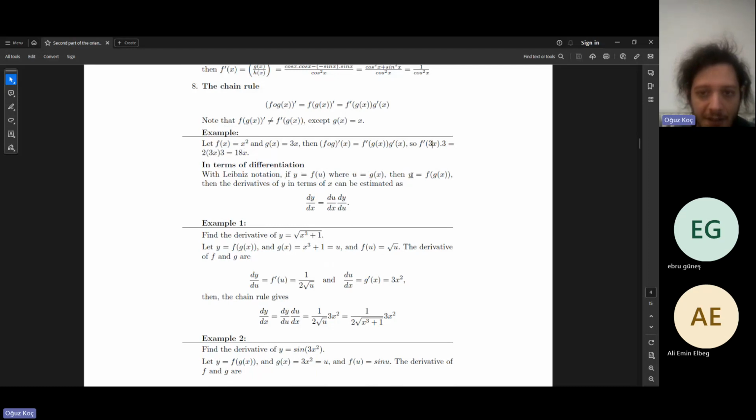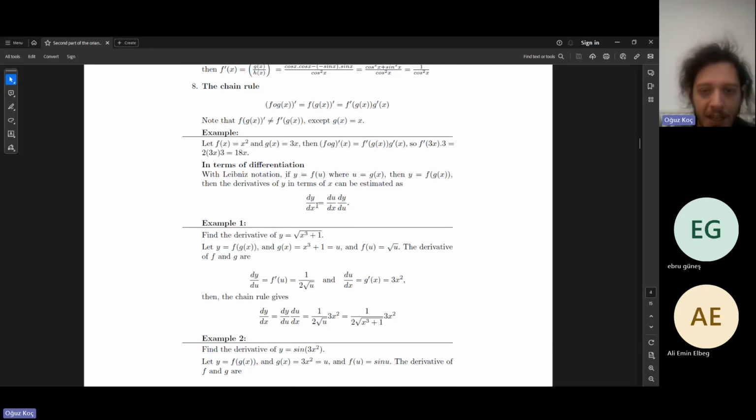Then we can say that y is actually equal to f of g of x. And when we calculate the derivative of y in terms of x, we can calculate it like this. This is the differentiation of y with respect to x.